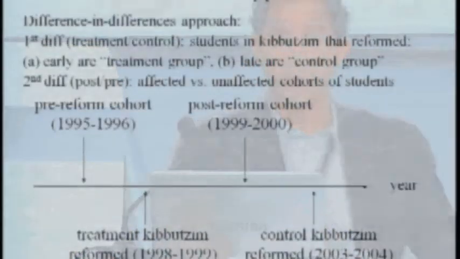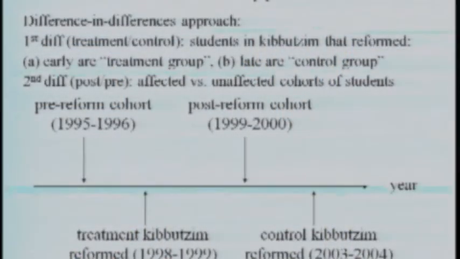The framework is diffs-in-diffs. This is, in a nutshell, the research approach. You observe here pre-reform cohorts, teenagers who graduated high school before the reform was implemented. We have the reform implemented in some kibbutzim, and later in another set of kibbutzim. So all the data observations come from units that implemented this reform, which I'll describe in a minute.